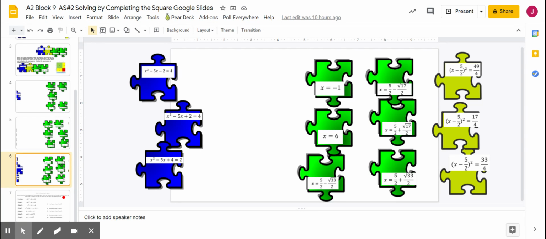How would we do the extra credit? So I told you that ideally, the completing the square method works best when there is a 1x squared and an even x.